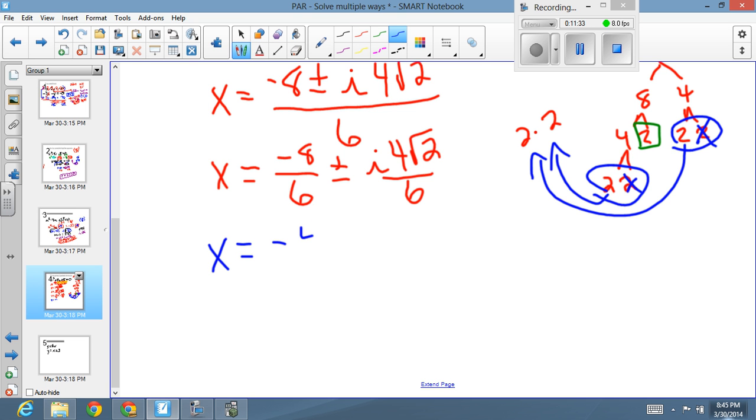So this is negative 4/3, because each of those can be divided by 2. And over here I'm going to have i, 2 radical 2 over 3. I can divide each of those by 2.